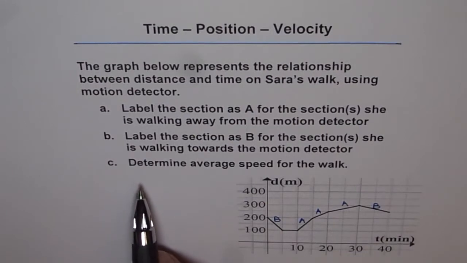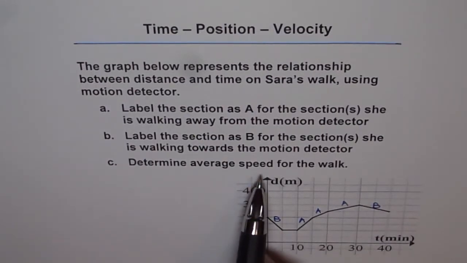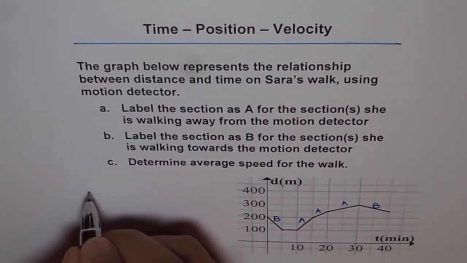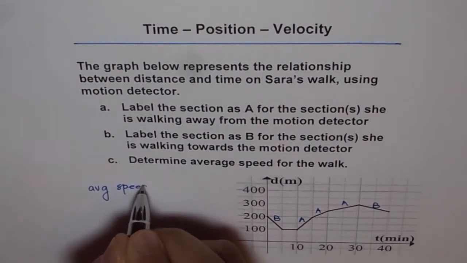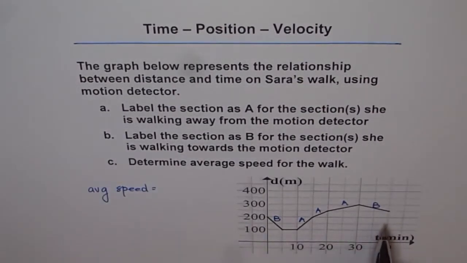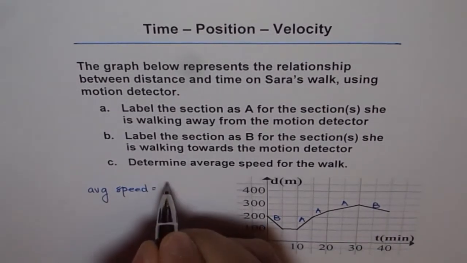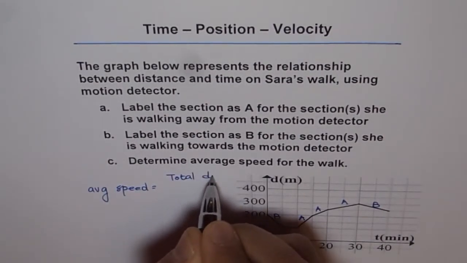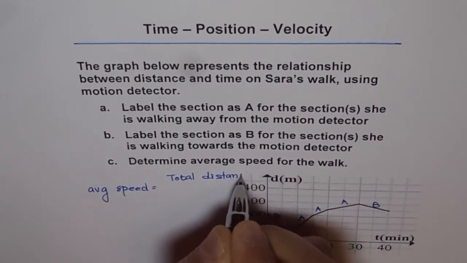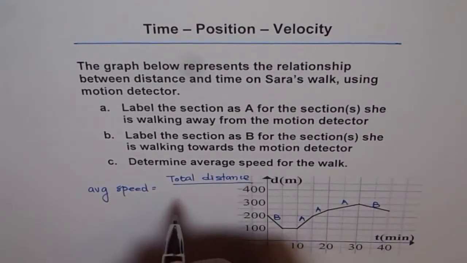Now part C: determine the average speed for the walk. For average speed, what should we do? We need to find total distance divided by total time, right? That gives us average speed.